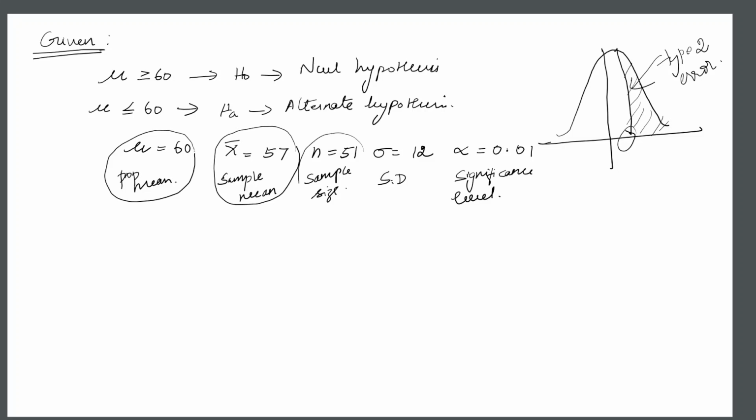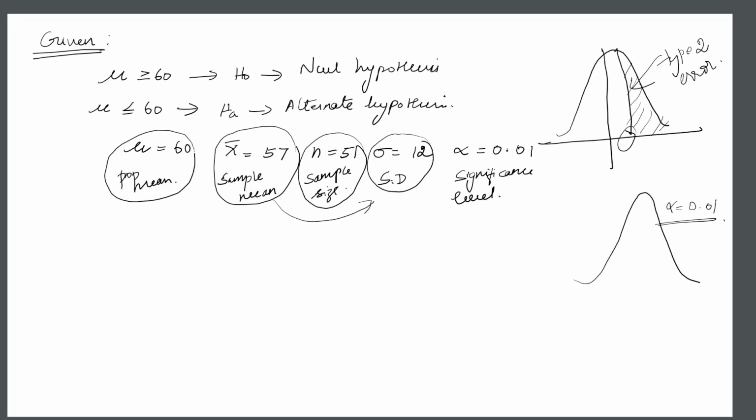The number of samples taken is 51, the standard deviation is 12, and the significance level specified is 0.01. So let's consider a one-tail test here, and we reject the null hypothesis for the significance level alpha equal to 0.01.